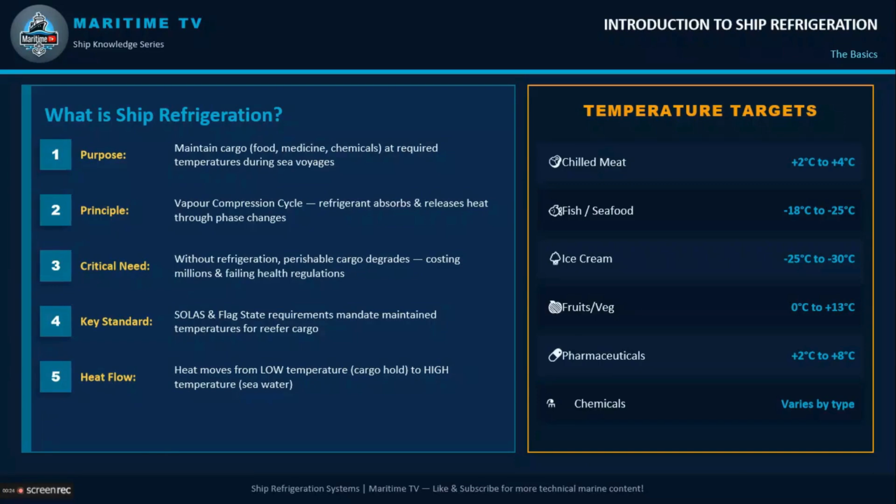In introduction, the purpose of ship refrigeration is to maintain cargo, be it food, medicine, or chemicals, at required temperatures during sea voyage. This refrigeration works on the principle of the vapor compression cycle, whereby refrigerant absorbs and releases heat through phase changes.